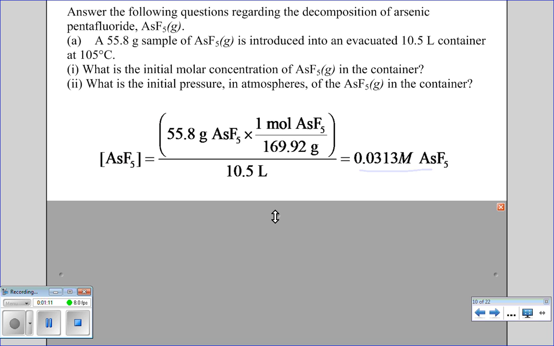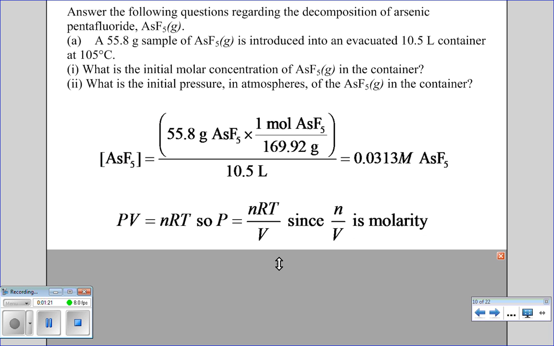Then what's the pressure? Well, if I know the moles, I could put it into the ideal gas law. But more importantly, the ideal gas law, when I rearrange it to solve for pressure, I end up with this, N over V. Right, now, N over V is molarity, so I can substitute this right into there.